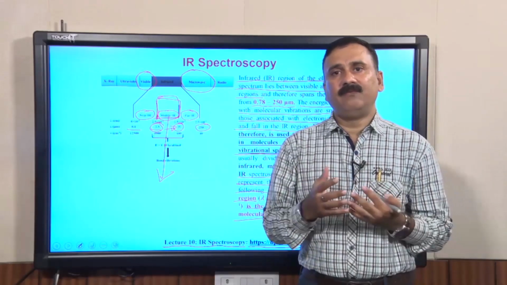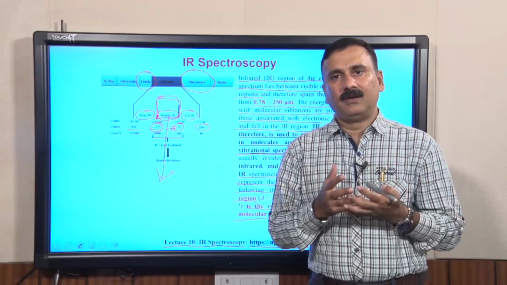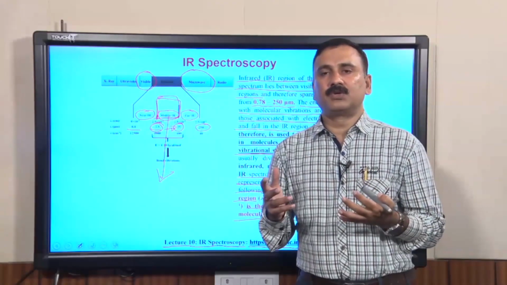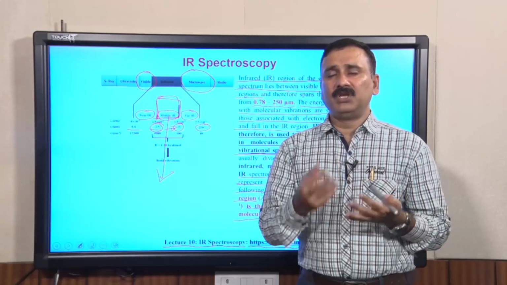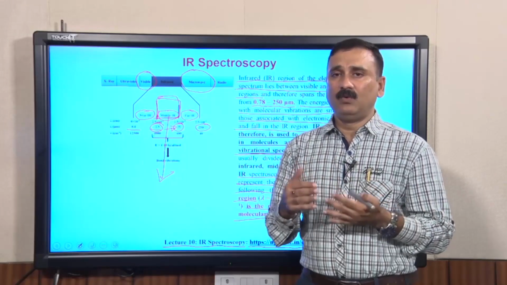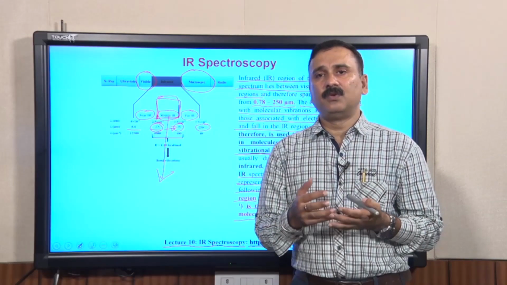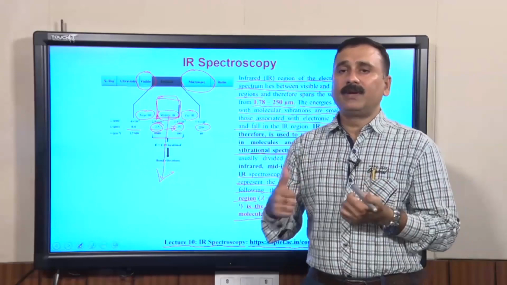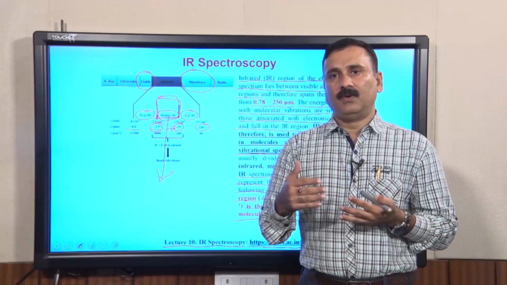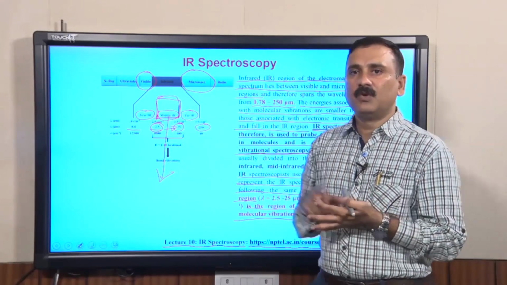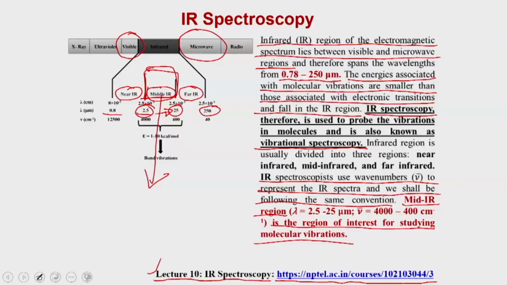What I am showing you is a very small overview of IR spectroscopy and its potential, so that if you are interested in using IR spectroscopy to characterize functional groups, you are able to do that. But if you would like to learn more, I suggest you go through lecture 10 of our NPTEL lectures, which will give you more detailed information about IR spectroscopy.